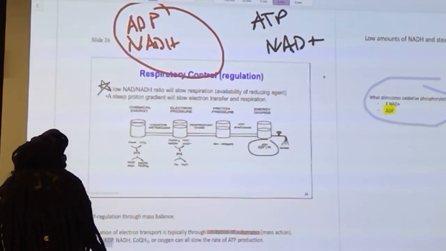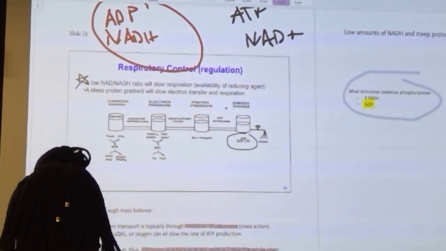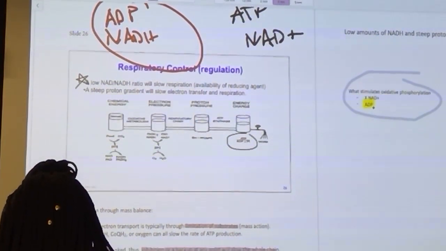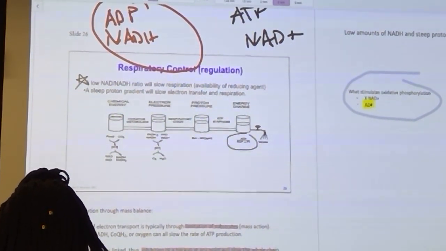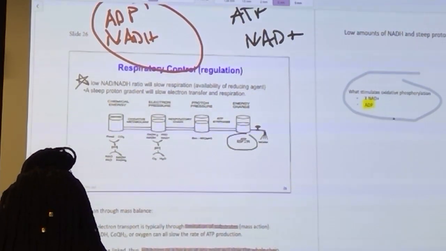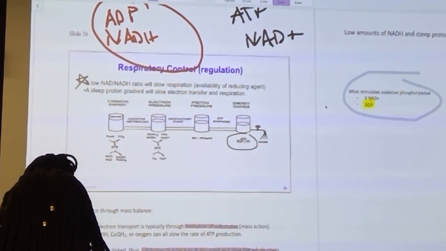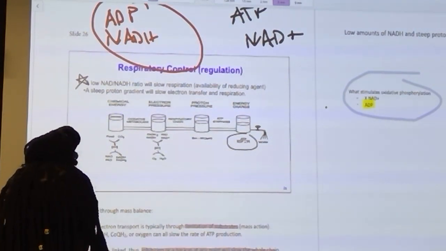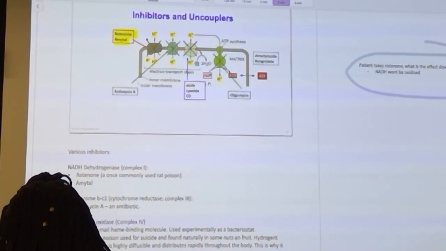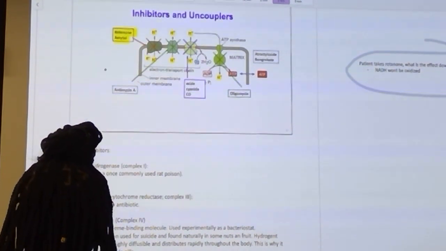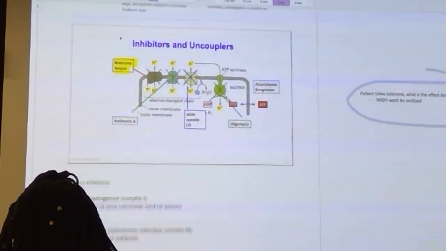The products of this cycle are ATP and NAD plus, and the substrates are ADP and NADH or FADH2. Any of those three will promote this. And then just know your poisons, what inhibits what.